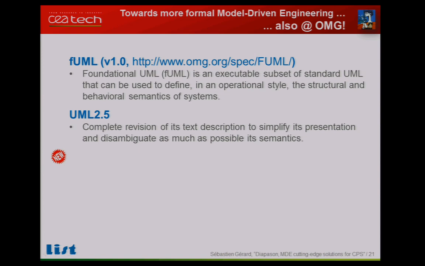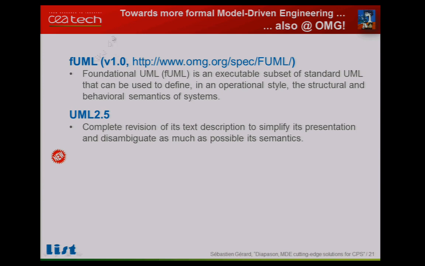A claim that we had in the context of the UML community, for a long time, is that UML is non-formal, and so on. There is an activity that started 5 years ago at the OMG to formalize UML, and by formalizing I mean putting mathematical semantics behind UML.